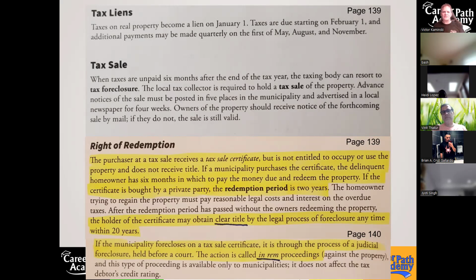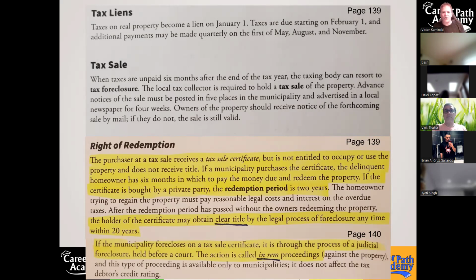So the homeowner has 2 years to pay you back the money at the interest rate you win at. The interest starts at 18%, and whoever bids down to the lowest interest rate that they're going to charge the homeowner will win the auction.